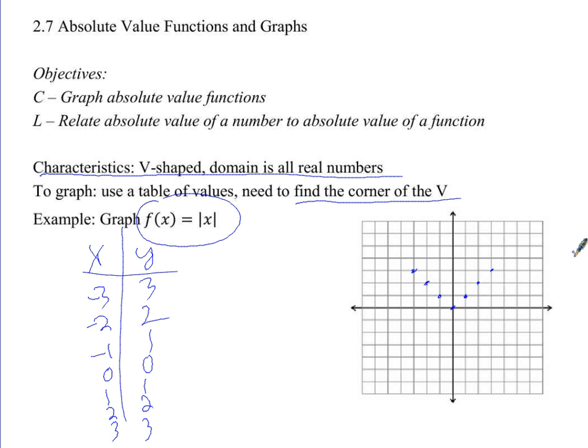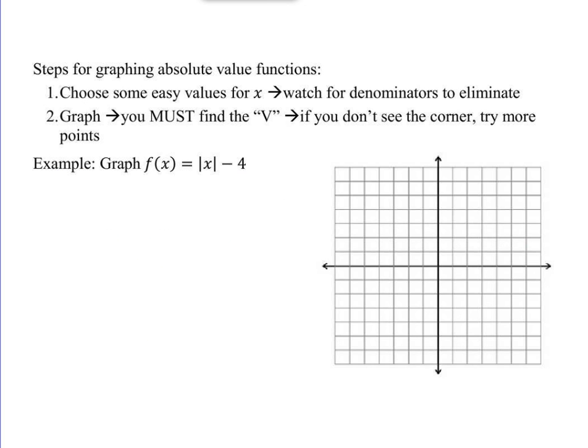It's a V. So we're going to draw in the V. Just like we've been drawing lines, very carefully make sure that you have this thing lined up correctly. The V has to go all the way through the grid that you're given, just like with your lines. And there it is.